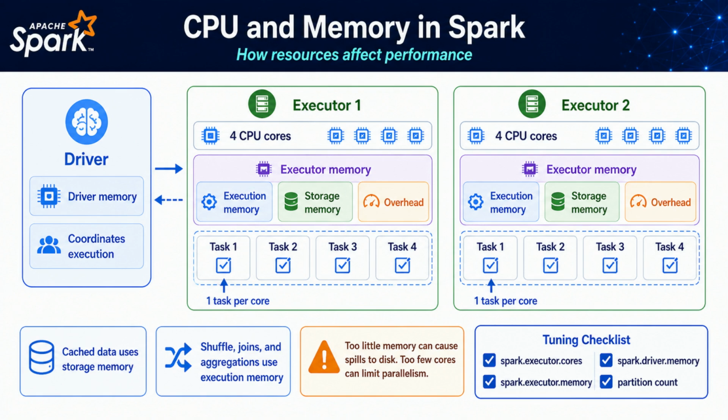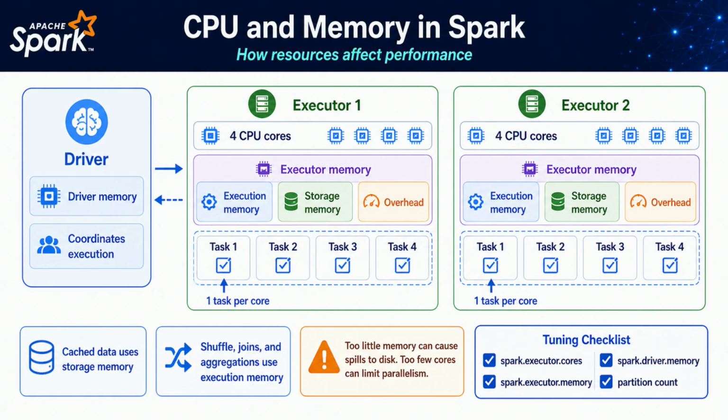Each executor is equipped with a certain number of CPU cores and a specific amount of memory. These resources determine how much work the executor can handle at any given time. Typically, a single CPU core can process one task at a time, meaning that the total number of available cores directly influences the level of parallelism in the system. More cores allow more tasks to run simultaneously, which can significantly improve processing speed.